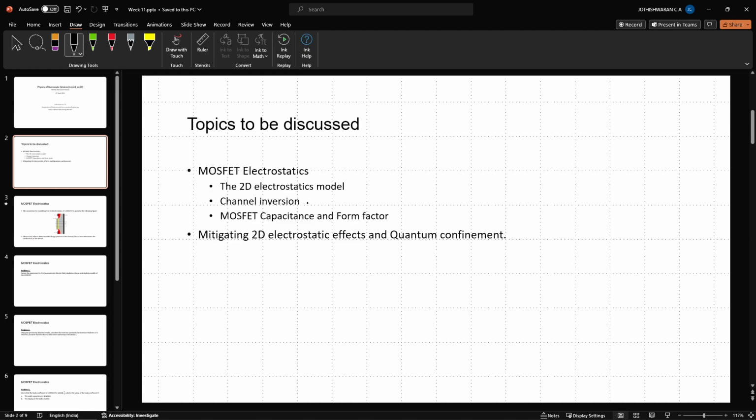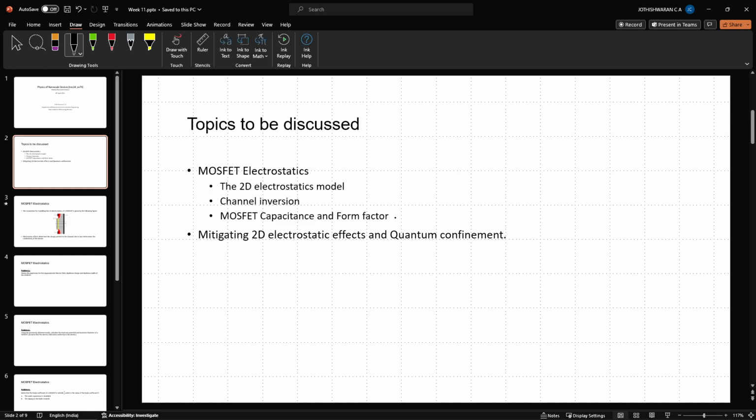This is essentially an effect that was discussed for bulk MOSFETs, but it is also present in nanoscale devices like ballistic MOSFETs or other devices which we shall be looking at. So we shall come to the idea of channel inversion, and then we shall sum it up with a discussion of MOS capacitance and form factor.